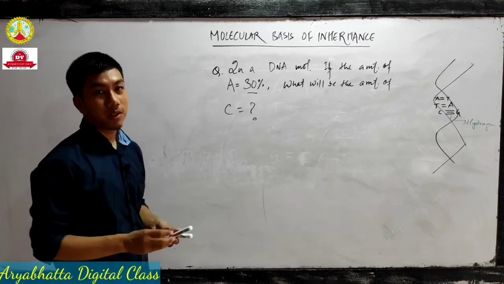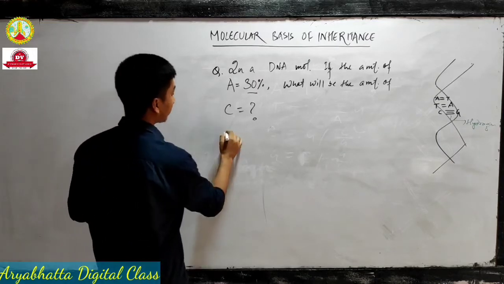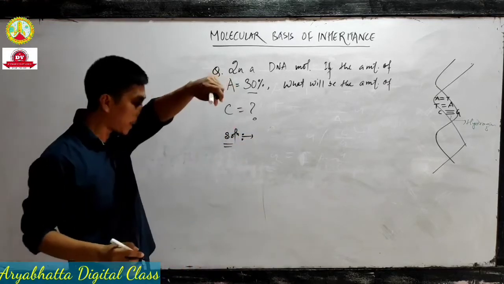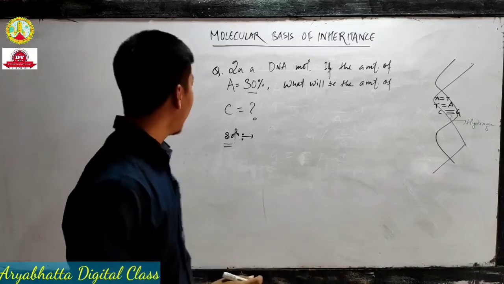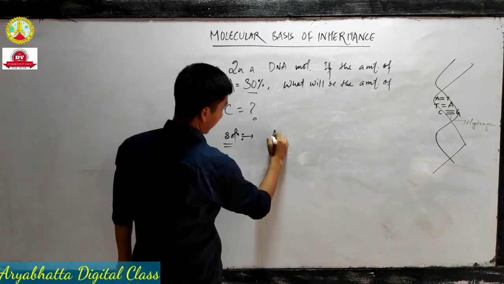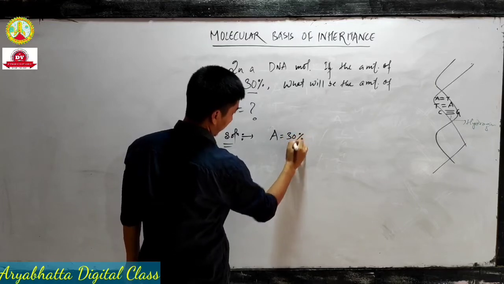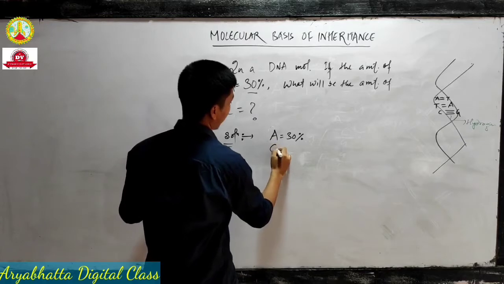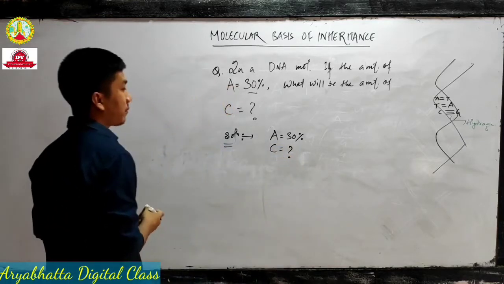So now try to solve this. Now we have come to maths. So in a DNA molecule, if the amount of adenine is 30%, what will be the amount of cytosine? How much is adenine given? 30% is given, right? 30% means out of 100. So how much will cytosine be?